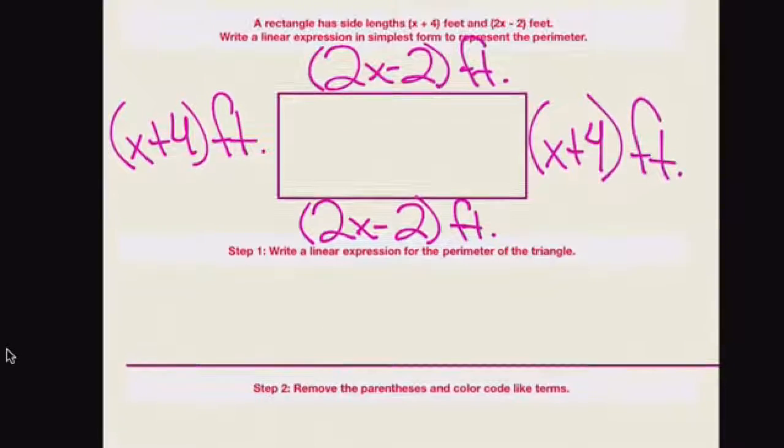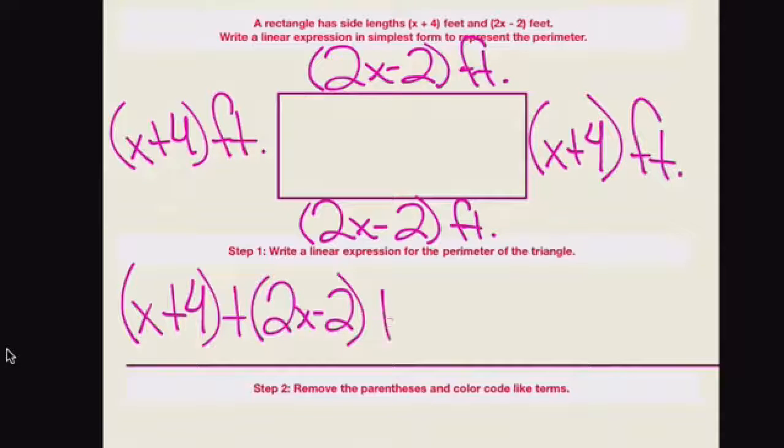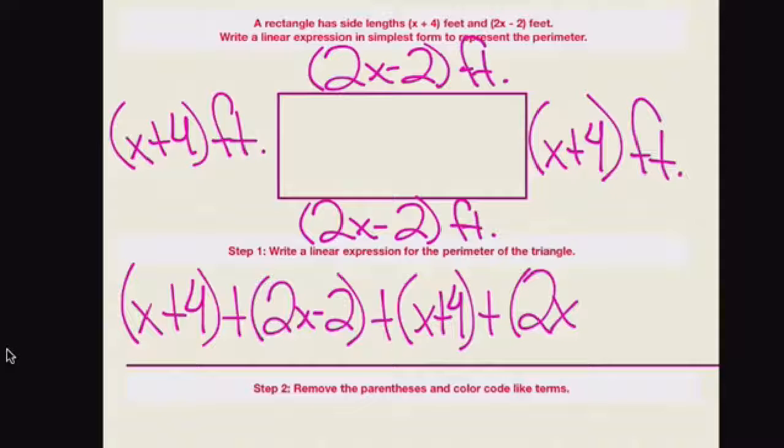Okay, so let's go ahead and write that down. Remember perimeter, if you walked all the way around the rectangle, how far would you have walked? So x plus 4 plus 2x minus 2 plus x plus 4 plus 2x minus 2. That's our linear expression to represent the perimeter.